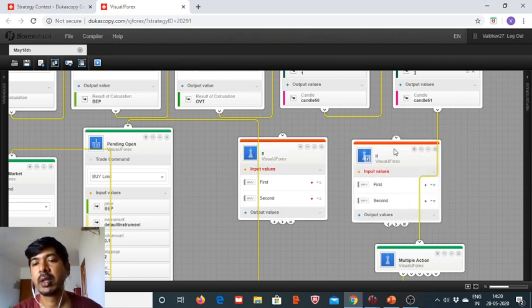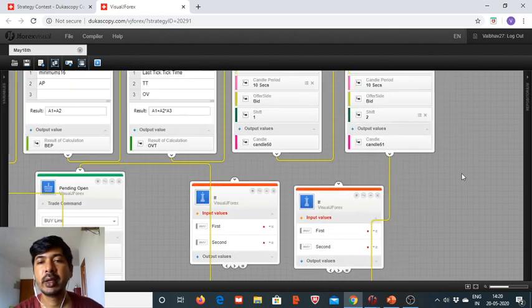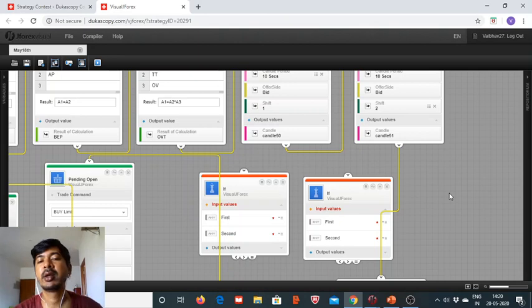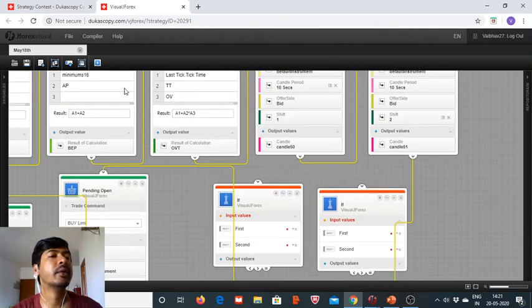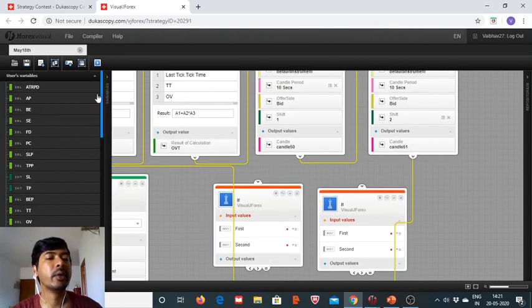If it is well within the defined range, then the market open will happen. If it is outside of the defined range, that is it is higher than the 5% of the daily ATR from the minimum value of the fractal, then the pending open order will be placed. So it is a common trigger for both the open conditions.